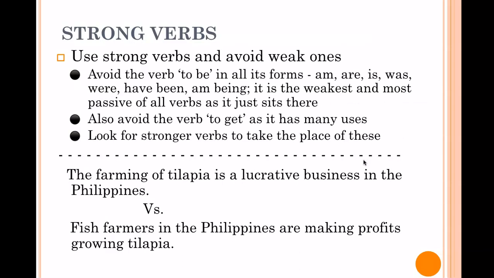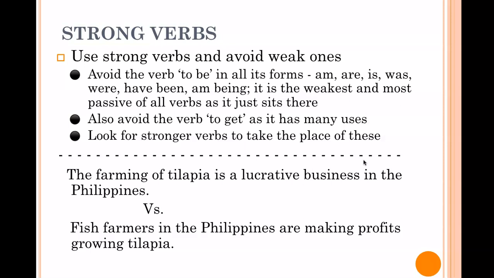Strong verbs. Use strong verbs, avoid weak ones. Avoid the verb "to be" in all its forms, such as "is" and "have been." It is the weakest and the most passive of all verbs, and it is something that needs to be avoided while writing.